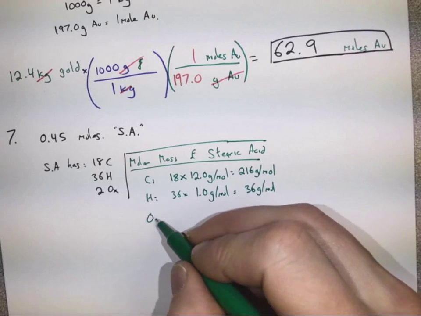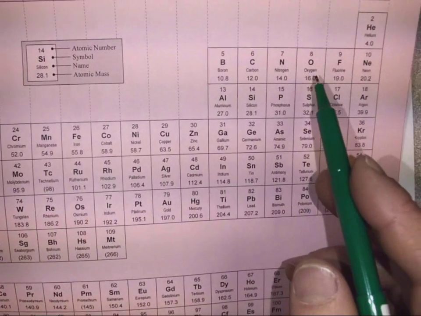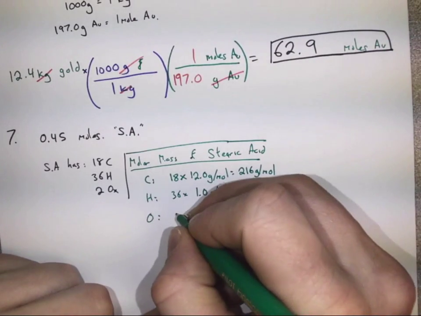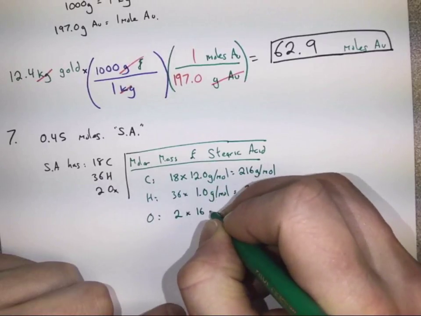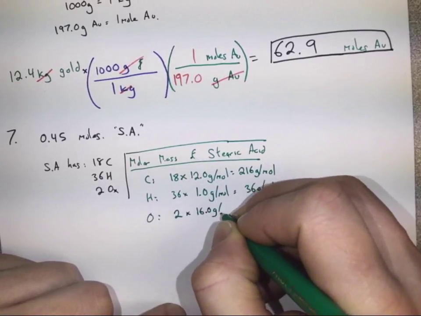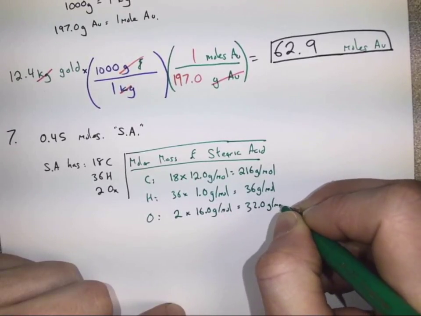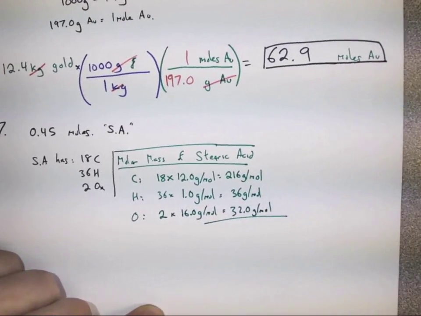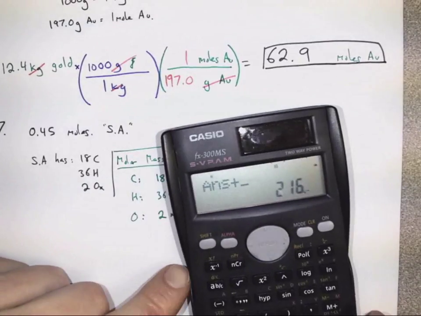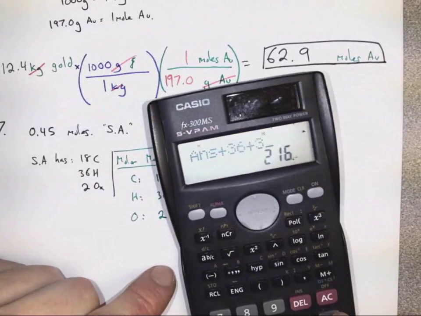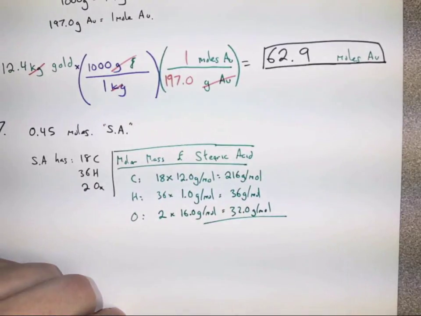And then oxygen, it's going to have 2 oxygens. So 2 times 16.0 grams per mole, it's going to be 32.0 grams per mole. I'm going to add those together. 216 plus 36 plus 32, get 284.